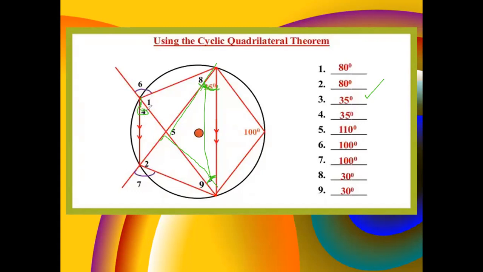Outside, inside, opposite, therefore 35 degrees also. Number 5 is 110 degrees. Number 6 is 100 degrees. So that is the use of understanding the properties of a cyclic quadrilateral.